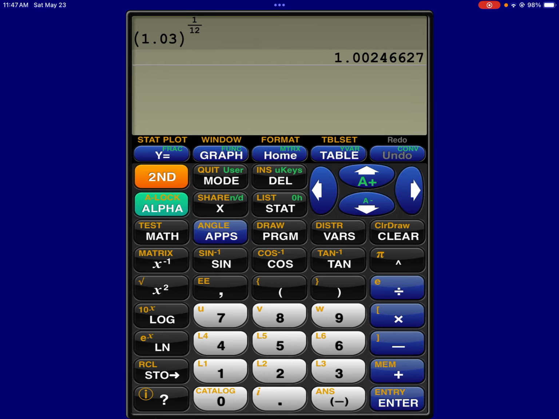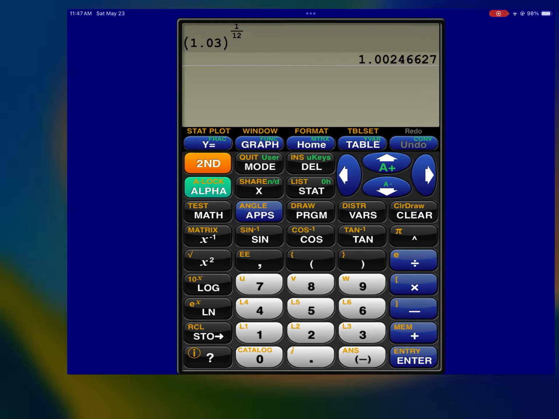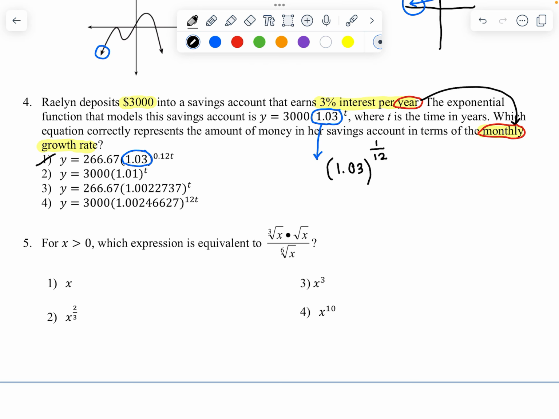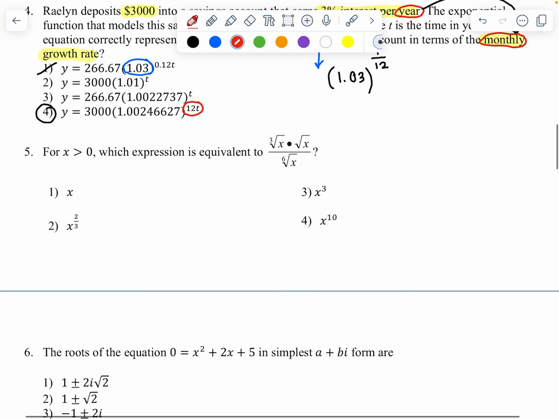And the only option for that is option 4. And that also makes sense because when you change your rate, your new exponent becomes whatever your months are times t. And there you have it.